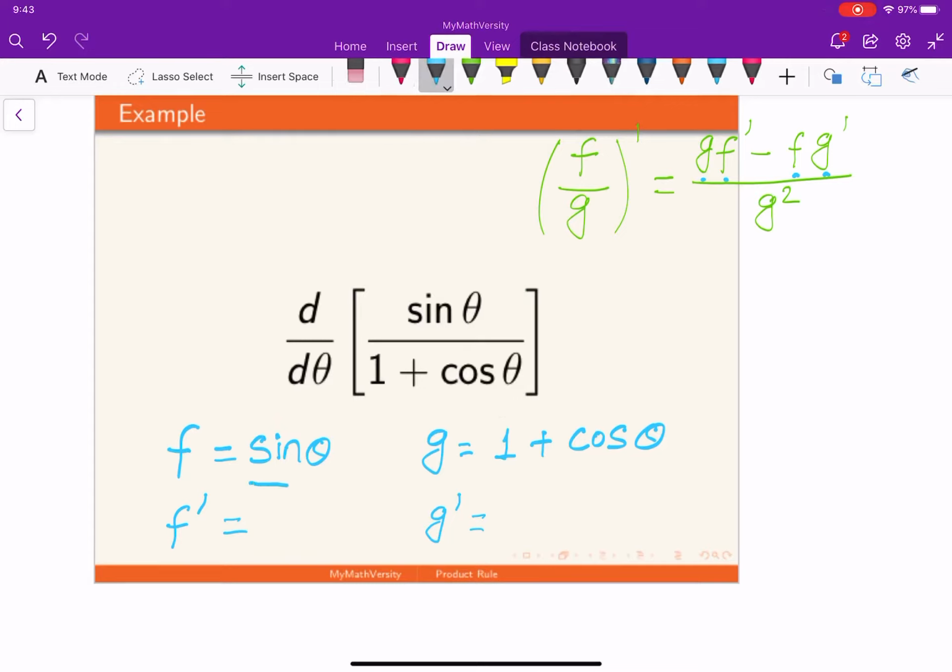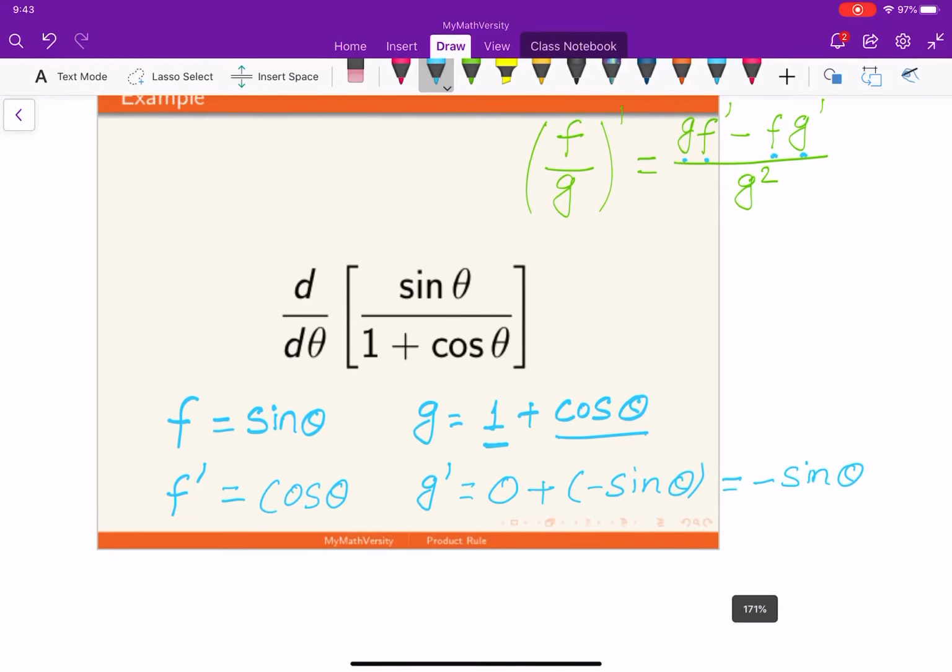It will be cosine theta, so let's write that down. What is the derivative of 1 with respect to theta? 0. What is the derivative of cosine theta? Negative sine theta. So we get g prime as simply negative sine theta.